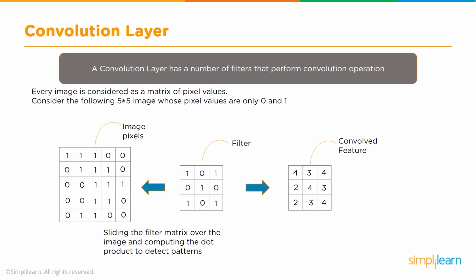Remember earlier we talked about multiplying matrices together? And here we have our two-dimensional matrix. You can see we take the filter and we multiply it in the upper left of the image, and you can see right here 1 times 1, 1 times 0, 1 times 1. We multiply those all together, then sum them, and we end up with a convolved feature of 4. We're going to take that and slide the filter matrix over the image, computing the dot product to detect patterns.